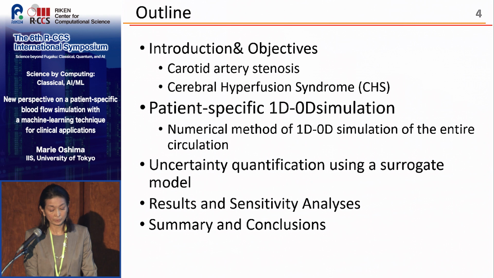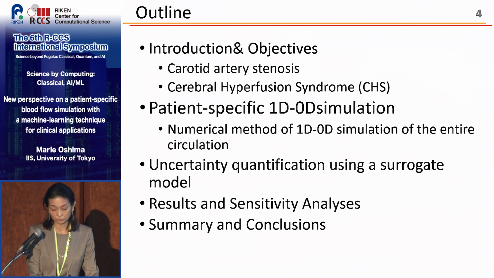In order to obtain the learning data, we use a patient-specific 1D, 0D simulation. Why don't we use three-dimensional simulation results? I'm going to talk about why I use a 1D, 0D simulation, which is a reduced order model. And once we have learning data, we are trying to conduct uncertainty quantification using a surrogate model.